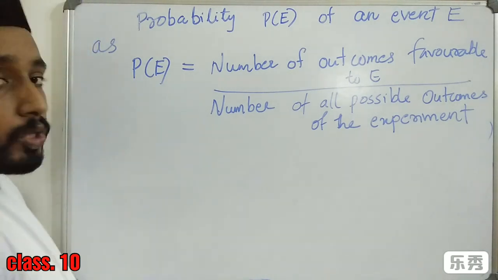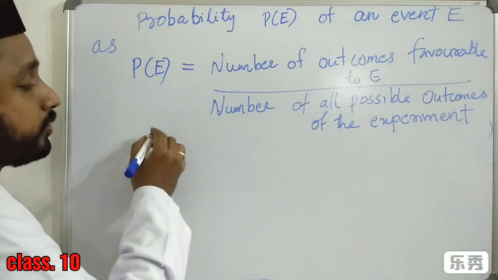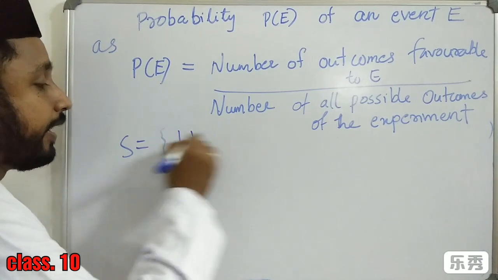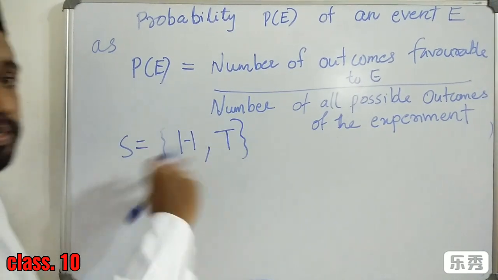For example, tossing a coin. Tossing a coin means the sample space is HT, head or tail. These are the two outcomes.